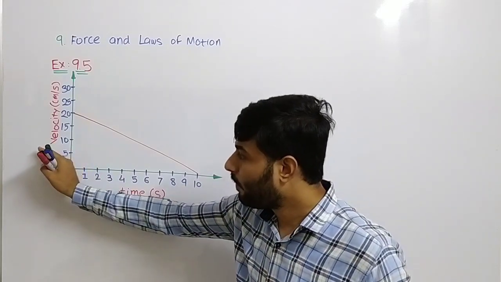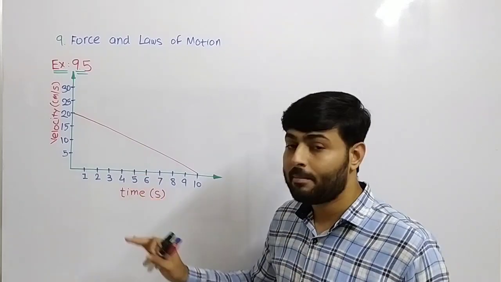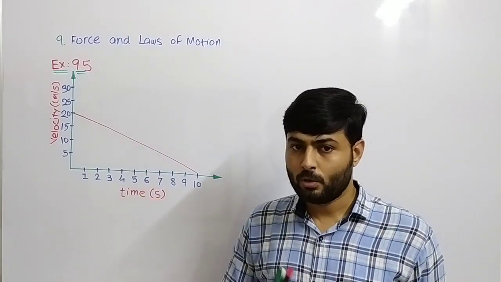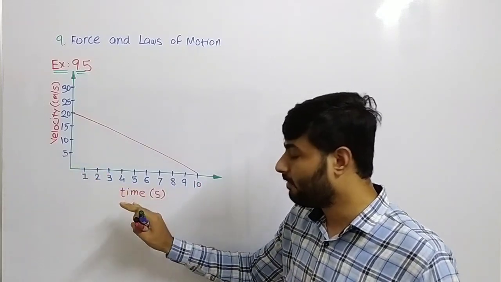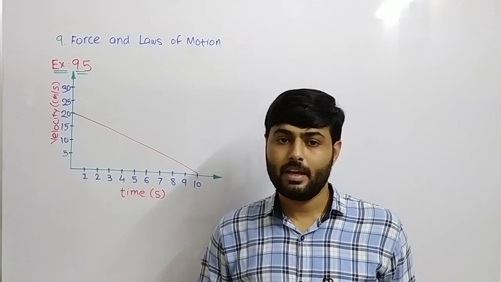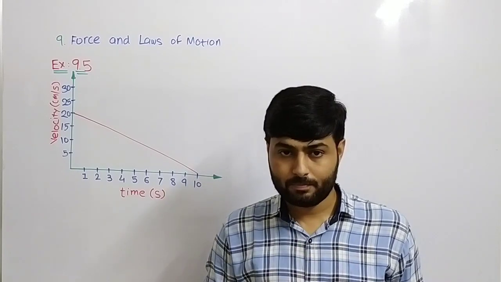Here we have velocity on the y-axis and time on the x-axis. So we will read this graph as a velocity versus time graph.